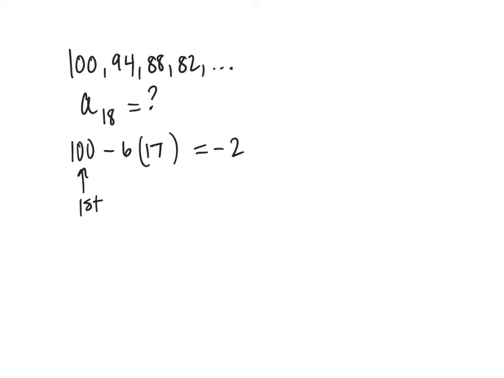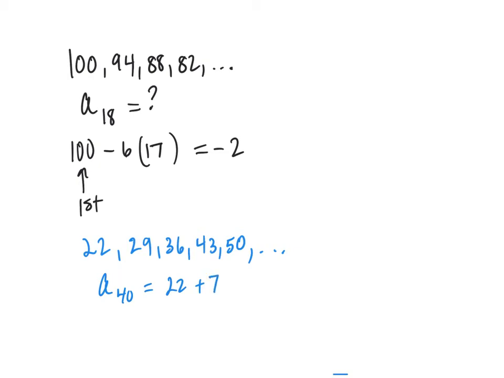Last example. If I have a sequence that begins at 22 and adds 7 every time, and I'm looking for the 40th term, a sub 40, it would be the first term, 22, and I add 7 every time I move forward one position.